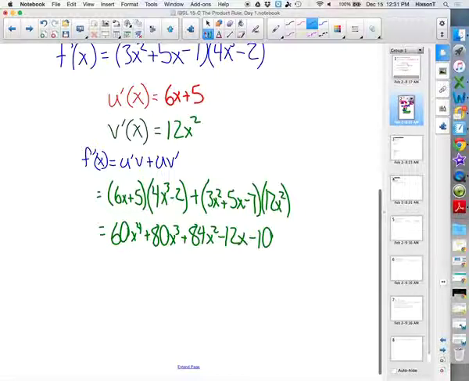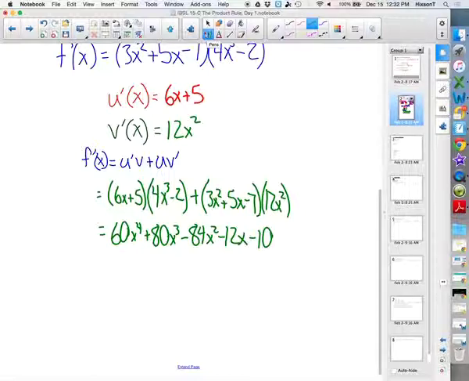It's negative 7 times 12x squared, negative 84x squared. Yeah, so that'd be a minus. Okay. Alright, there we go. That's right. Okay? Does that make sense?